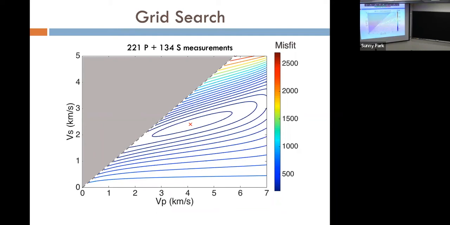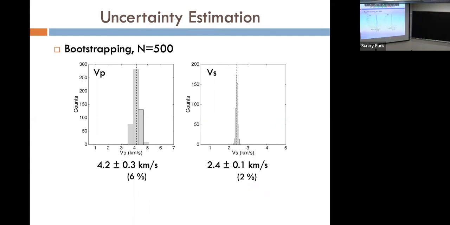Since it's a fast computation anyway, we can also do some bootstrapping analysis to get some idea about the uncertainty of VP and VS. But you can already tell from this grid search result, where the ellipse is, that you will have much larger uncertainty for VP than VS here.